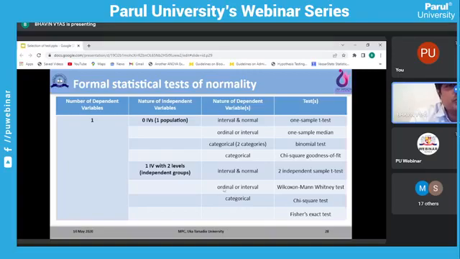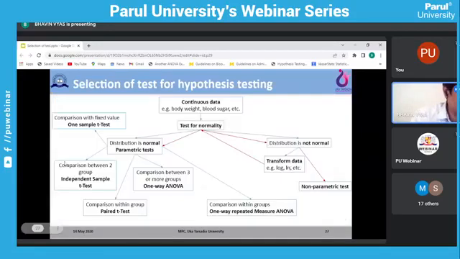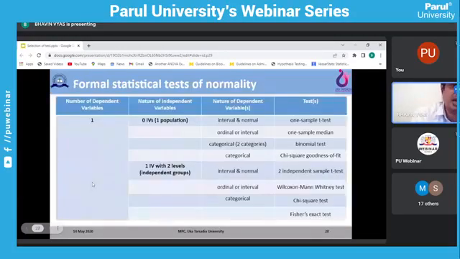Now you observe what type of data you have collected. If it is continuous, interval, ratio, and normally distributed, then you should select the independent sample t-test.